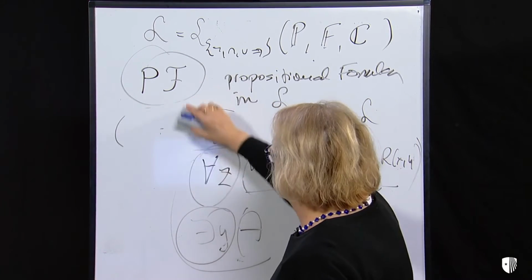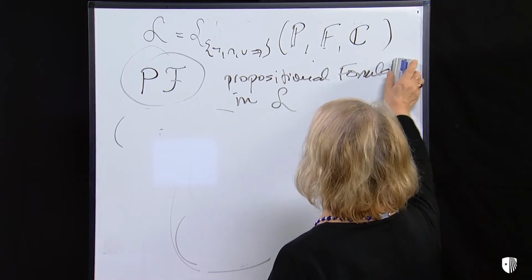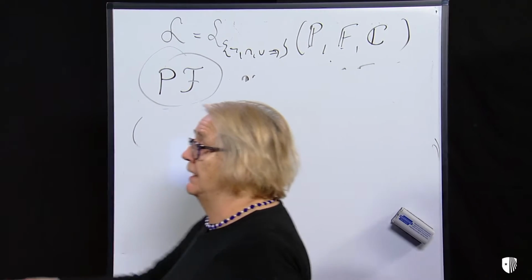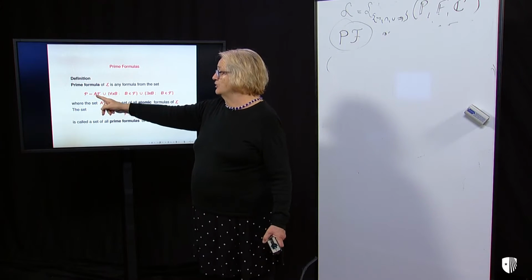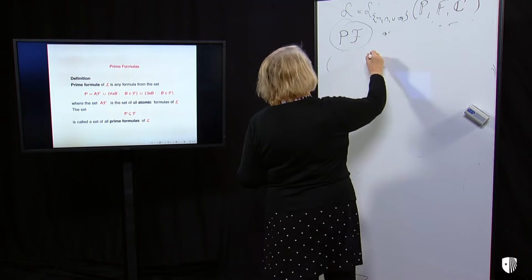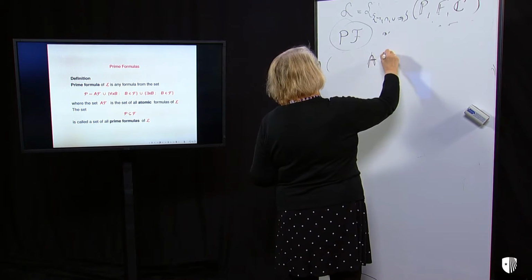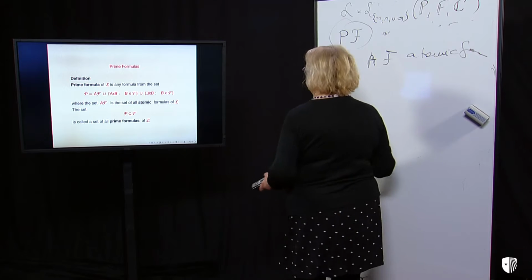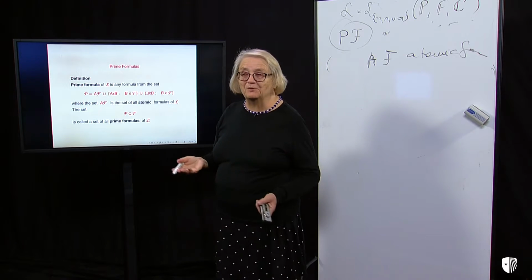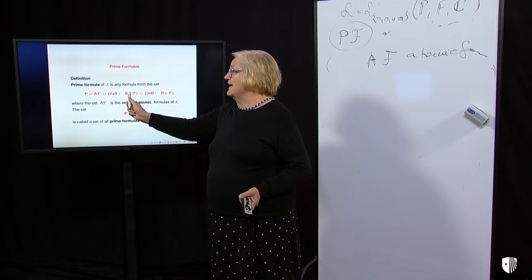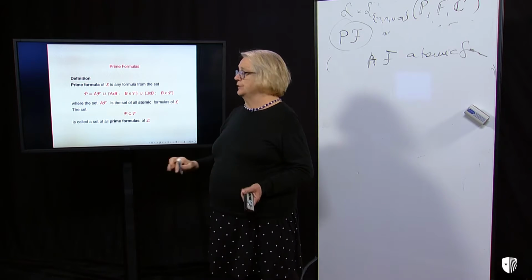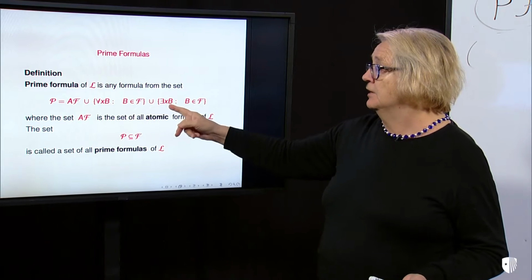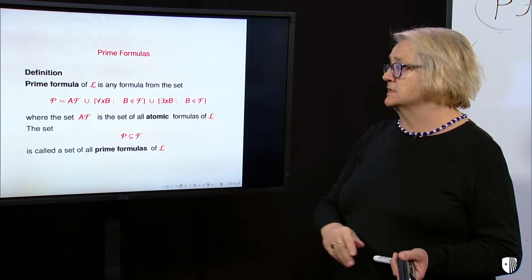So now you can see the nice definition of propositional formulas. First, the atomic formulas, we know what atomic formulas are, or you have any formula of the language which we put a universal quantifier in front of, union, because this is a set, or you can have any formula and put an existential quantifier.